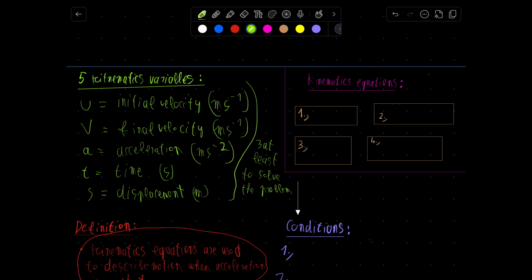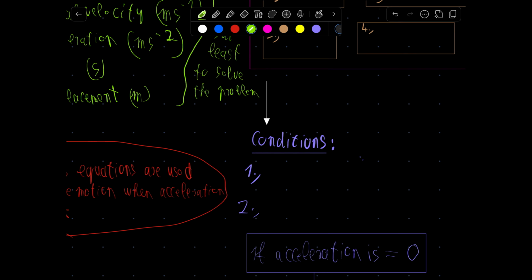So there are conditions for using kinematic equations. The first one is that motion must be in a straight line, 1D motion with no curves or circular motion. Let's write that down.